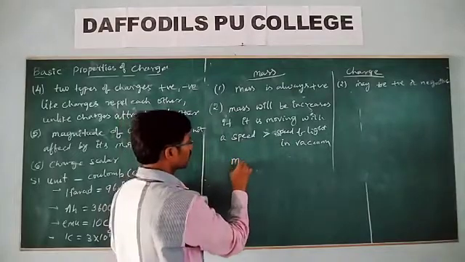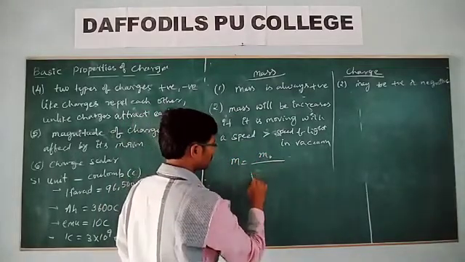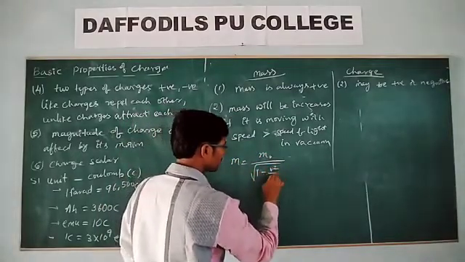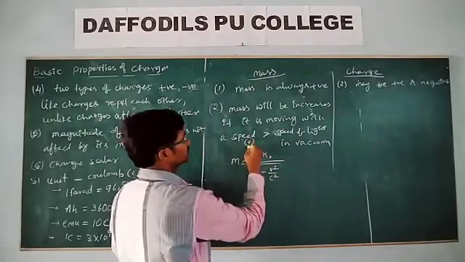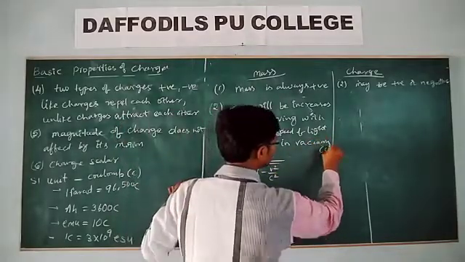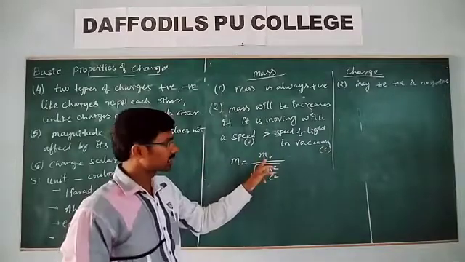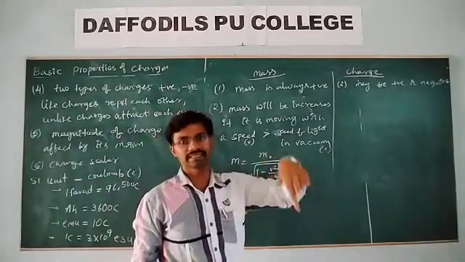And we know now that m is equal to m naught by root over 1 minus v square by c square. Speed is v. The speed of light in vacuum is c. M naught is the mass of the object when it is at rest.